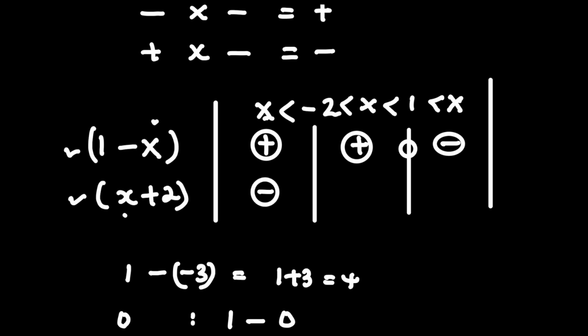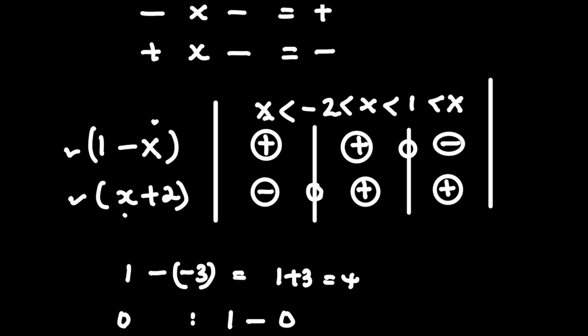Then at minus 2, we're going to get a 0, because minus 2 plus 2 is 0. Then for any value of x between minus 2 and 1, let's say minus 1, minus 1 plus 2 is a positive number. And for any value of x that is greater than 1, let's say 100, 100 plus 2 is 102, so that's a positive value.